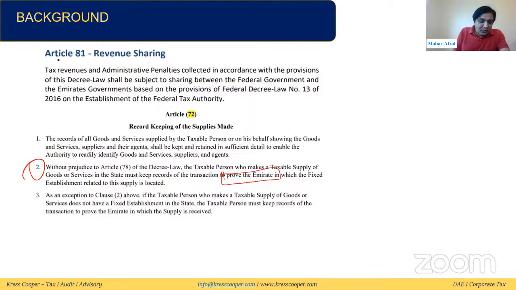So here we have already discussed the need to share the administrative tax revenue and penalties between the federal government and the provincial government, the Emirates government. In Article 72 subclause 2, they mentioned that the taxable person needs to maintain a record to prove the Emirate in which the fixed establishment related to the supply is located.